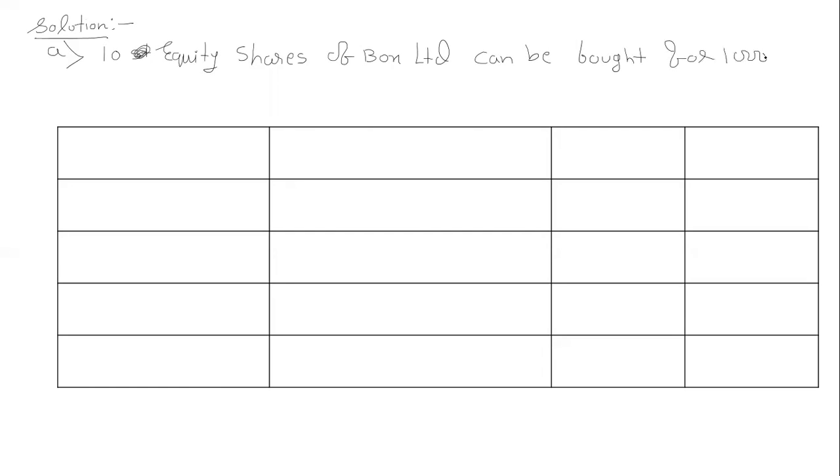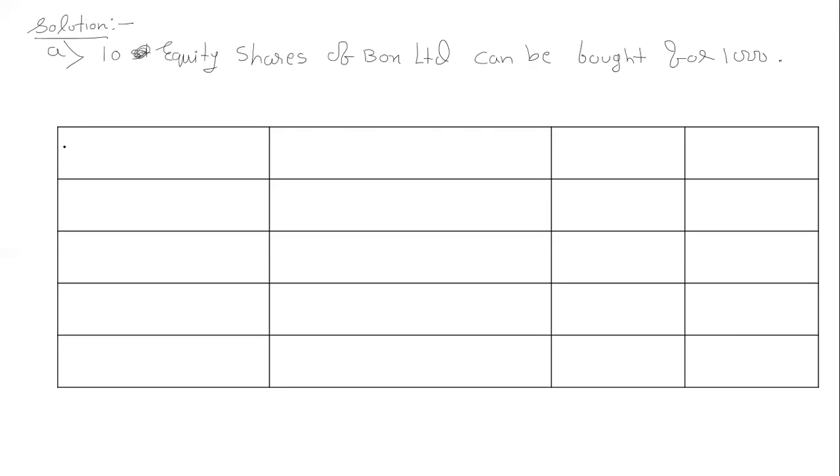So we have 1000 rupees with us. And he has given the return of Box Limited: high growth it is 100, low growth is 110, stagnation 120, and recession 140. So let's calculate the earnings and the expected return.